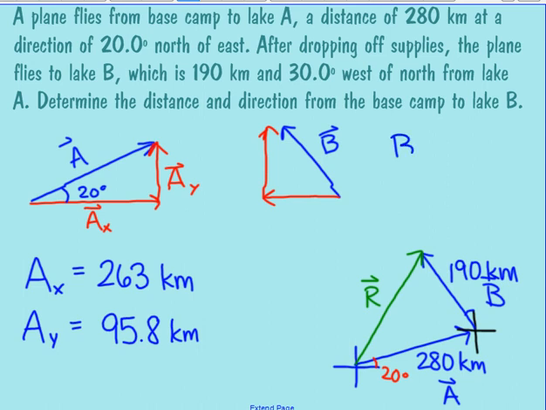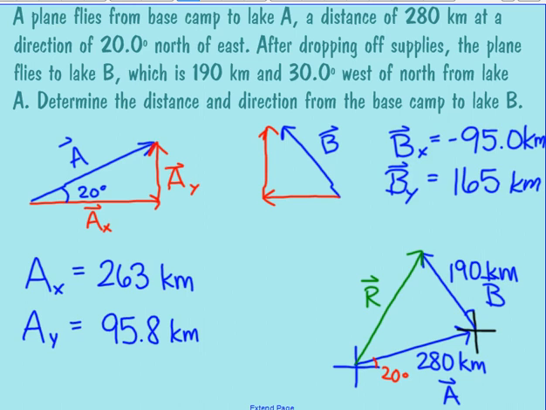Hopefully, you found that the x component of B is equal to negative 95.0 kilometers. And the y component of this vector is equal to 165 kilometers. That x component is negative because it's pointed toward the left. That's what drawing this extra picture can help with, is remembering when to put in positive and negative signs.